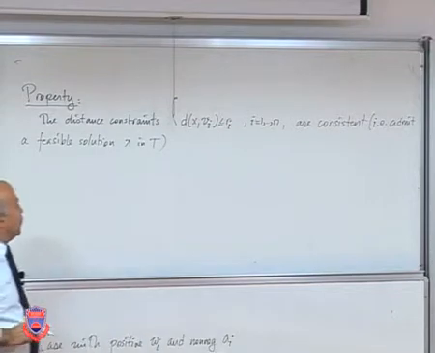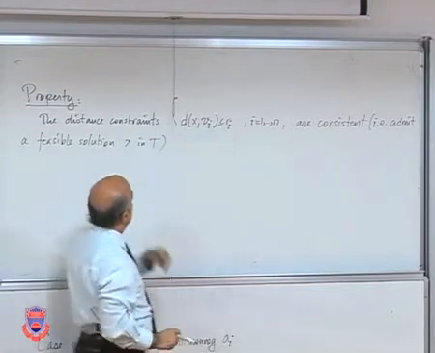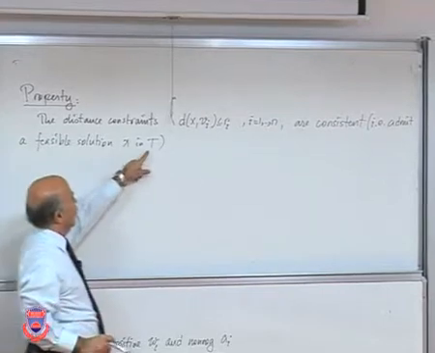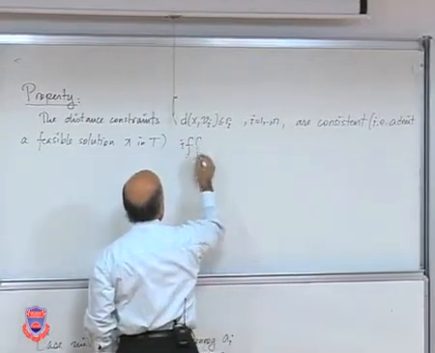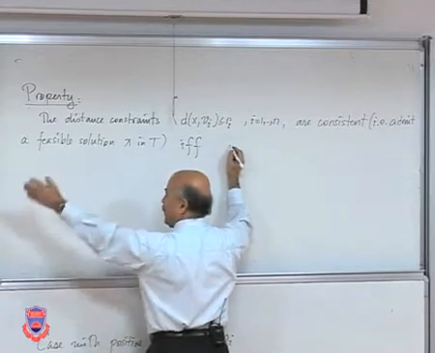The distance constraints with upper bounds of Ri's are consistent, meaning that they admit at least one feasible solution on the tree, if and only if. What is the condition? Just from that discussion.